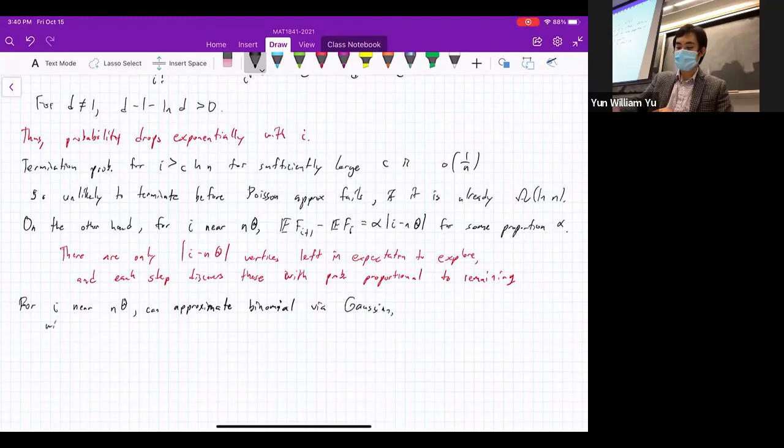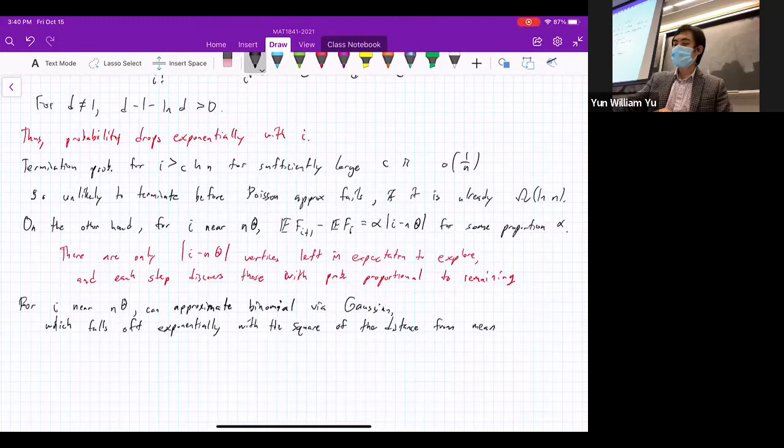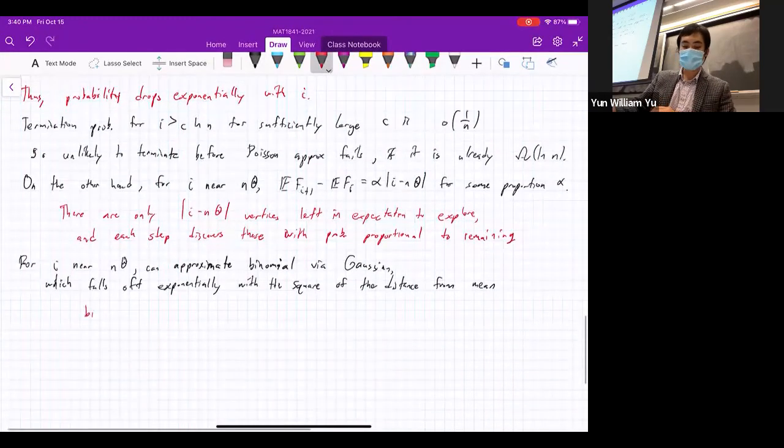So we're going to approximate via Gaussian, which falls off exponentially with the square of the distance from the mean. And so here, what we're taking advantage of is that the binomial distribution n, I_d over n is approximately equal to the normal distribution I_d times 1 minus I_d over n.